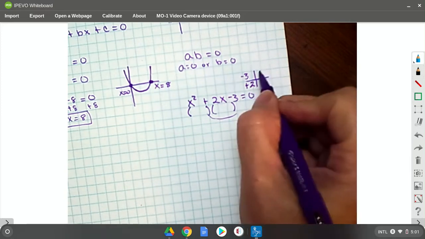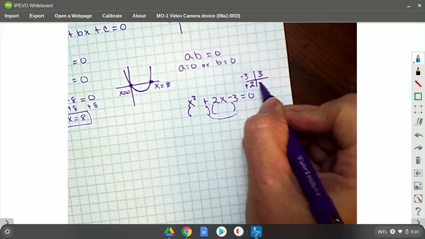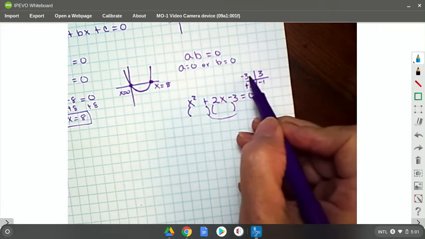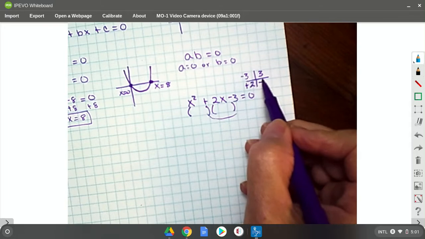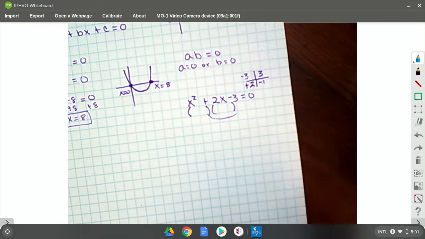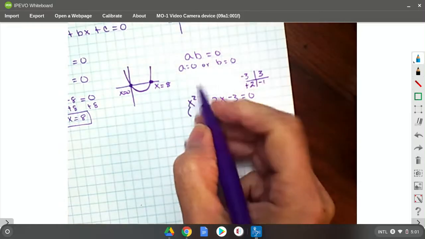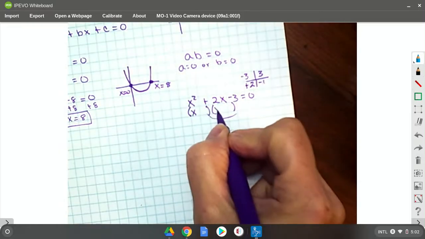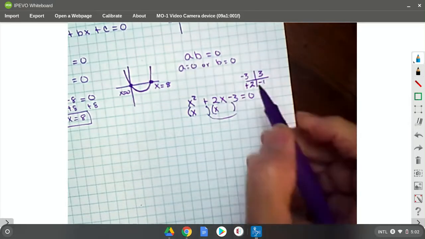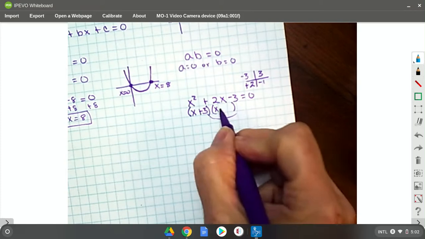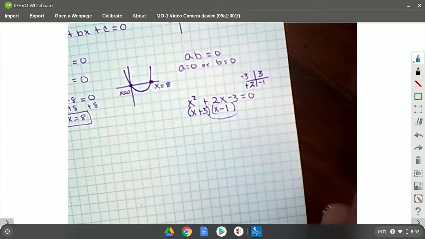And if I do a positive 3 times a negative 1, the negative 1 times 3 gives me the negative 3, and negative 1 plus 3 gives me the positive 2. So since my A was 1, I can go ahead and put my x's in. And then I'm going to have plus 3 because it's a positive 3 and minus 1 because it's a negative 1.